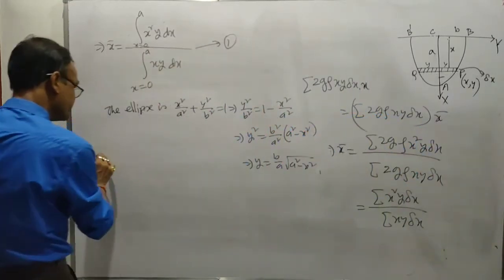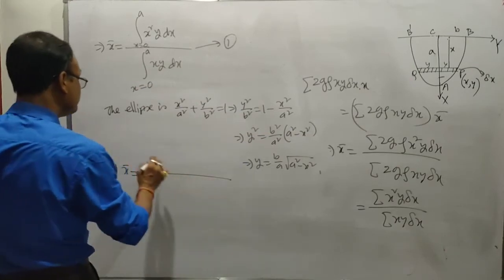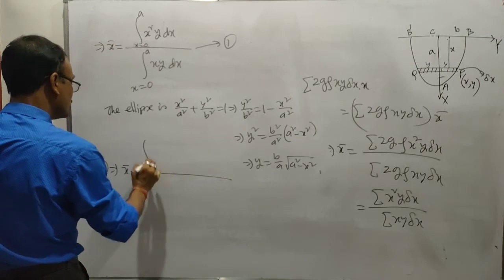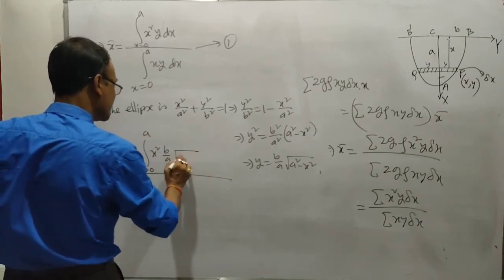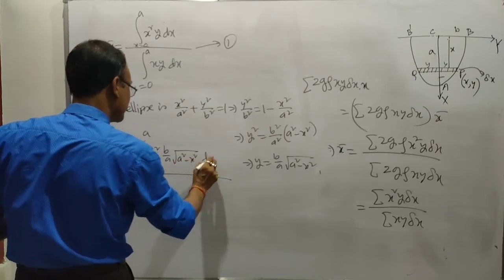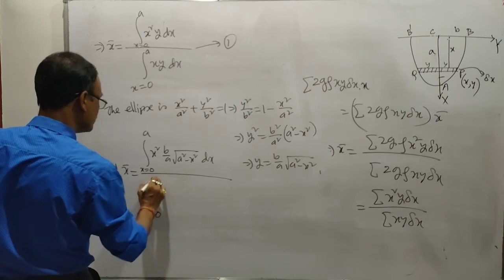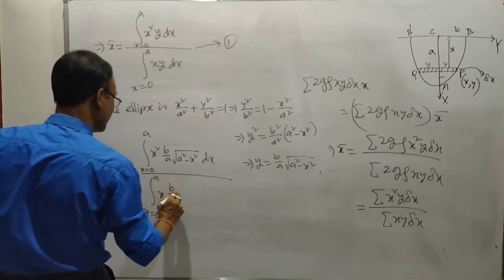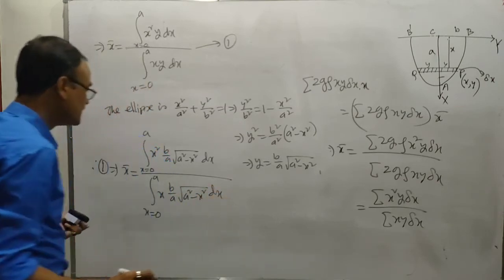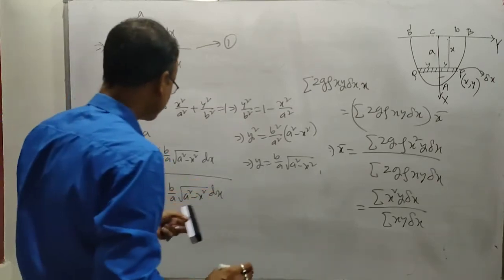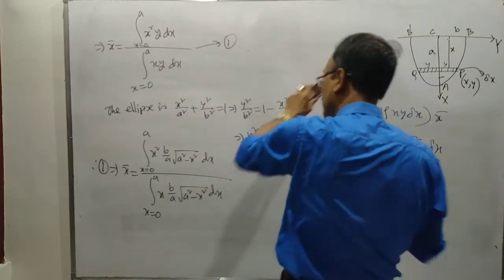Now from 1, you will get x bar equal to integration x is equal to 0 to a x square b by a root a square minus x square dx over integration x is equal to 0 to a x b by a root a square minus x square dx. b by a will be cancelled.